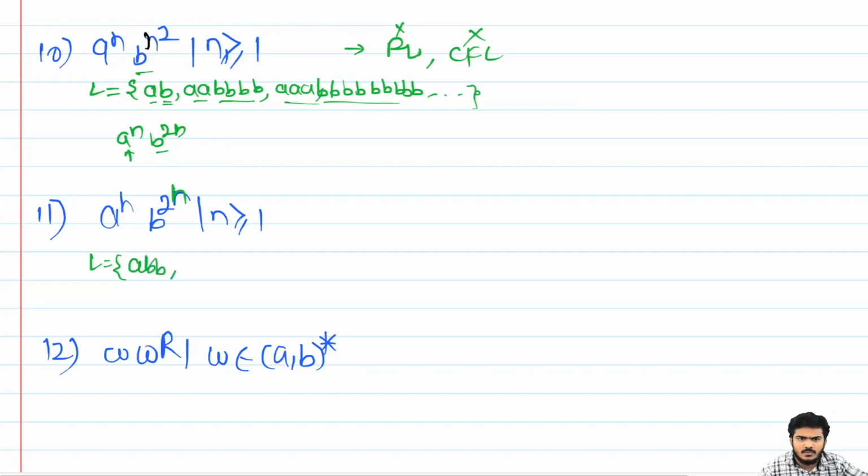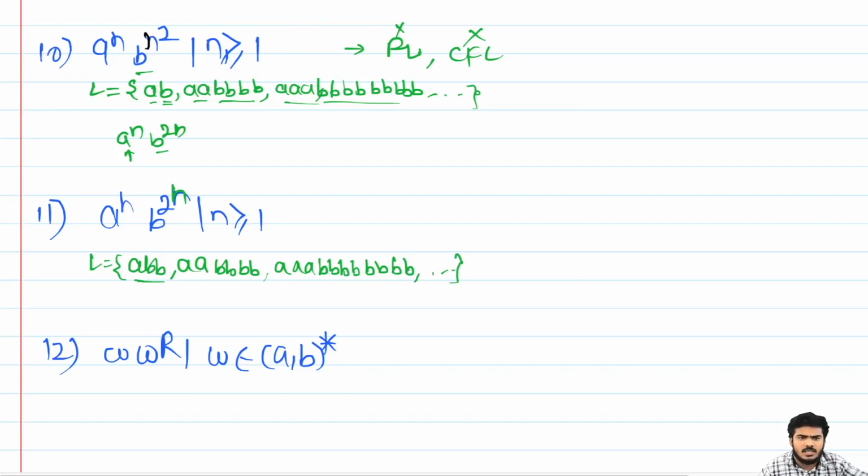When n is equal to 2, we will get aa, then bbbb, 4 b's. When n is equal to 3, we will get triple a and 2 to the power 3, that is 8 b's. We will get such types of strings in the language.